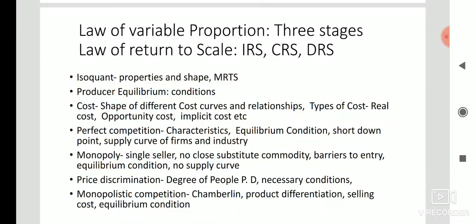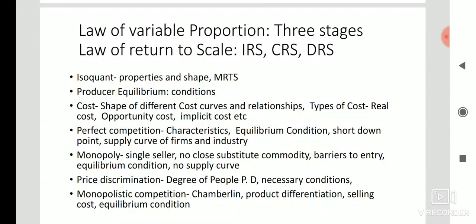Here the equilibrium condition is MC must be equal to MR, and the slope of MC must be greater than the slope of MR, or MC must cut MR from below. These are the two equilibrium conditions.